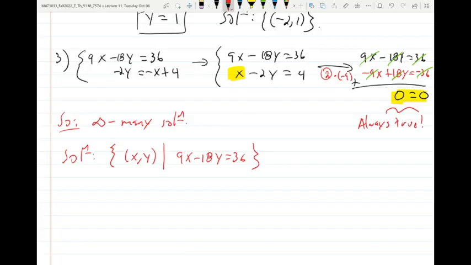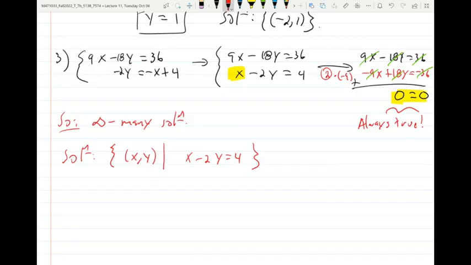I guess I prefer that, which you can obtain by taking the first one and dividing by 9. So it's the same equation. That's how you write it in the case of infinitely many solutions. You write this form, and this means all points x comma y, such that the entries are not whatever you want. They have to lie on this line, because this is the line that we're talking about. All right. Questions?